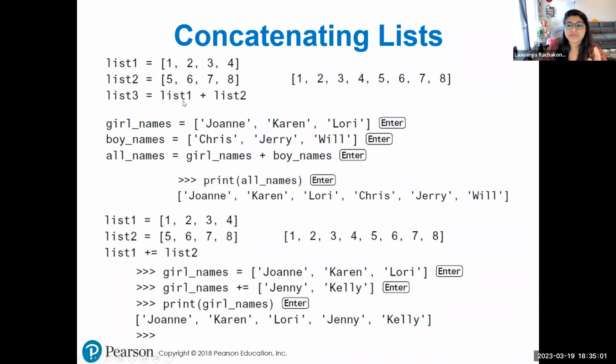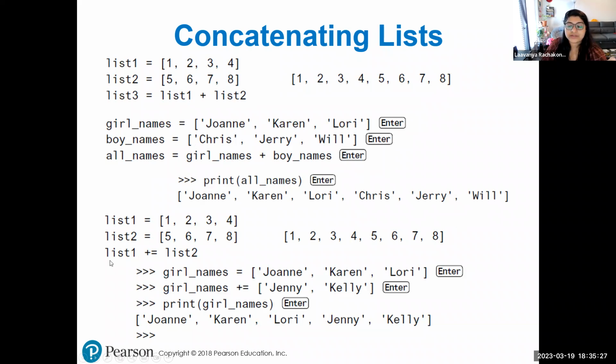Whichever appears first, those elements will appear first. So if I had list2 + list1, I would see 5, 6, 7, 8, 1, 2, 3, 4 as my output. Same thing goes with strings: girl names plus boy names, all names. So you see girls' names followed by boys' names.